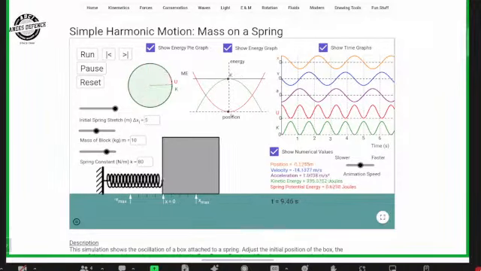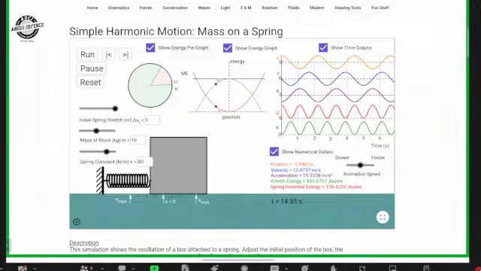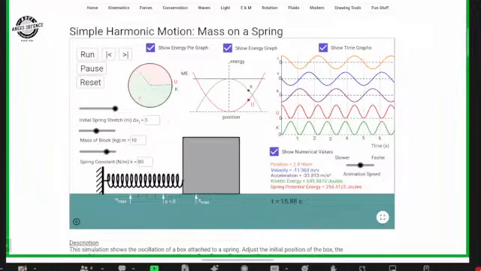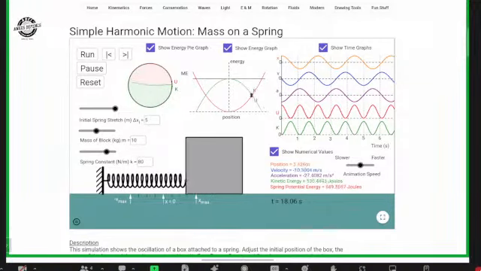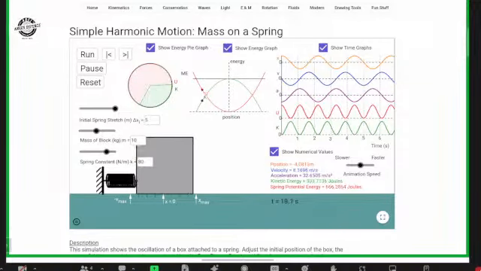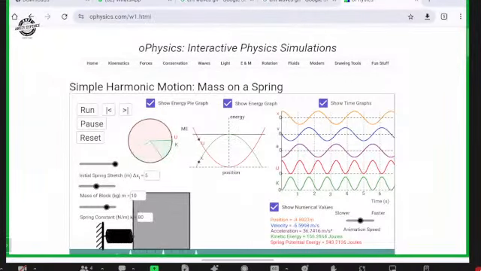Everything is plotted here. Graph of displacement, velocity, acceleration, potential energy, kinetic energy. Everything is visible. Acceleration is very low. We can increase the spring constant to get more acceleration. Check this website, you will be amazed.